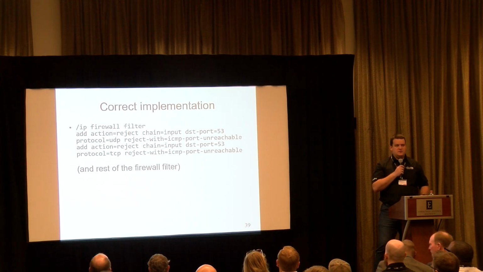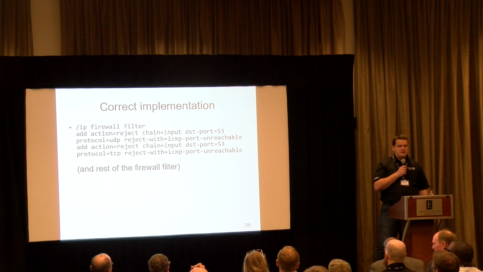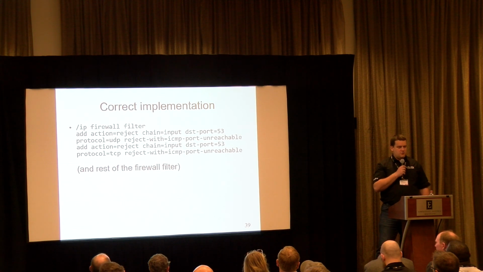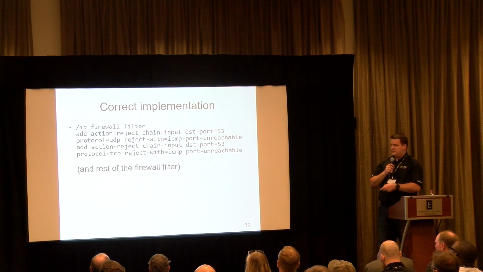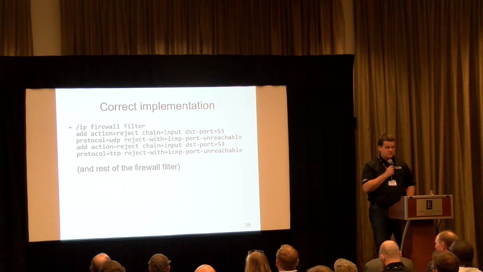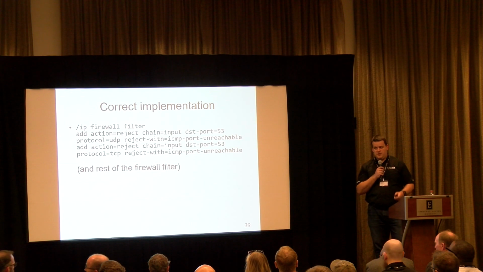If you just drop it, they will try and try and try again. But if they receive the proper answer that there is no DNS here, then they will not try anymore for a longer time. And of course, it's not only DNS; you should have a proper firewall whatsoever. But this is just to imply the DNS issue.